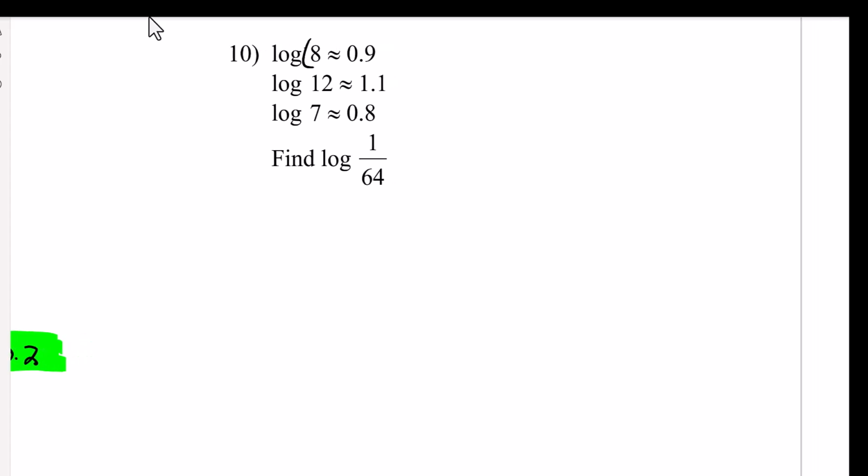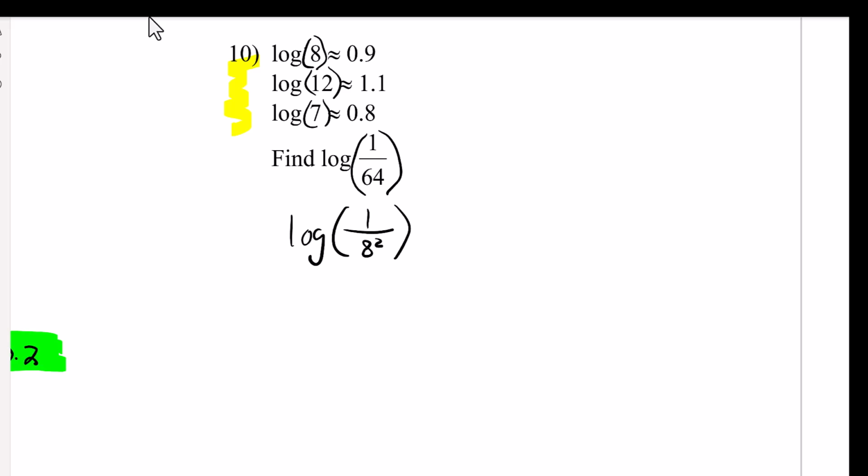And I still get irritated that it doesn't look like that. So we have log 1 over 64. Well, if I look up here, 64 is the same as 8 squared. So I can rewrite this as log 1 divided by 8 squared.